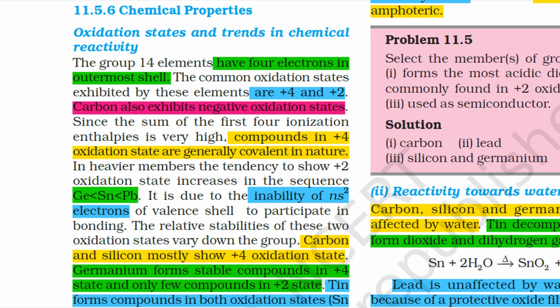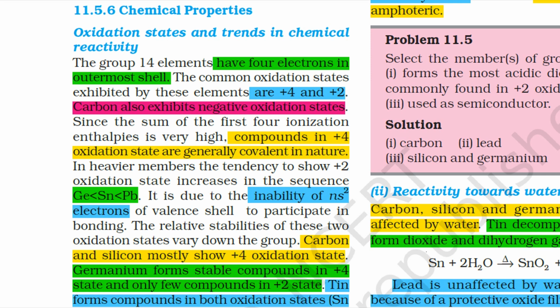So germanium's +2 oxidation state is more stable than tin's +2 oxidation state, which is less stable than lead's +2 oxidation state, and the relative stability of these two oxidation states varies down the group. That is, as we go down the group, +4 oxidation state becomes less stable and +2 oxidation state becomes more stable. As you can see in this line also, carbon and silicon mostly show +4 oxidation state. Germanium forms stable compounds in +4 state and only a few compounds in +2 state.